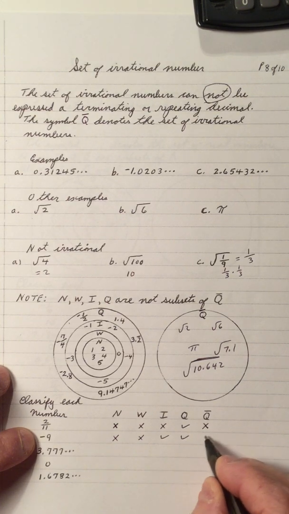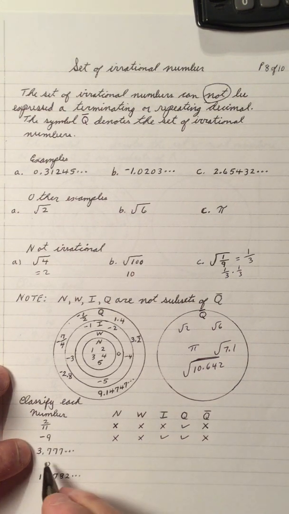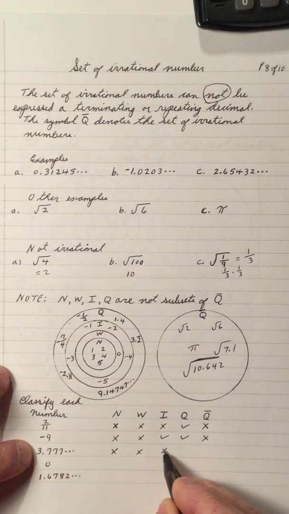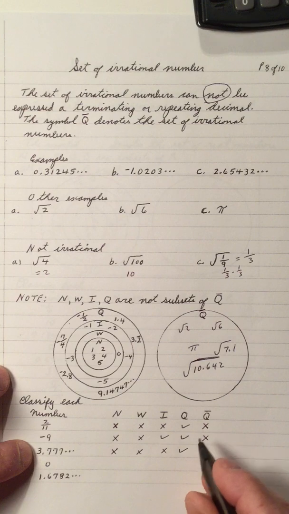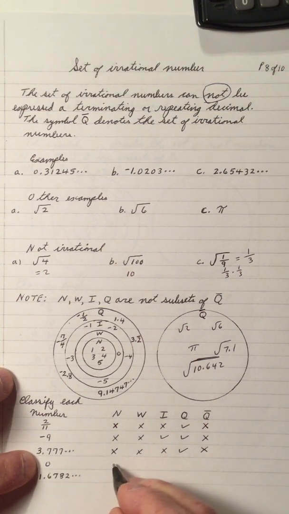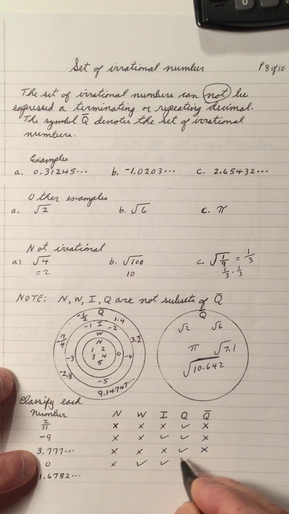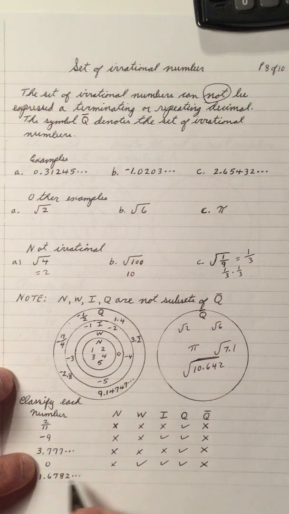Integers are rational, but it's not irrational. 3.77 is not natural, whole, or integer, but it's repeating, so it's rational, and it's not irrational. 0 is not natural, but it's whole, it's an integer, it's rational because it can be a fraction, but it's not irrational.